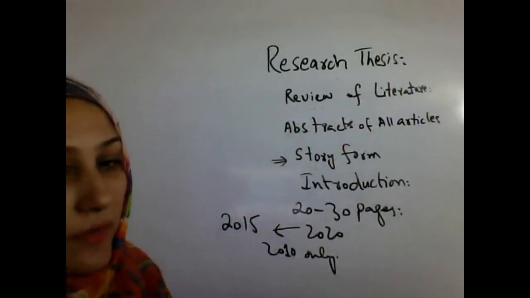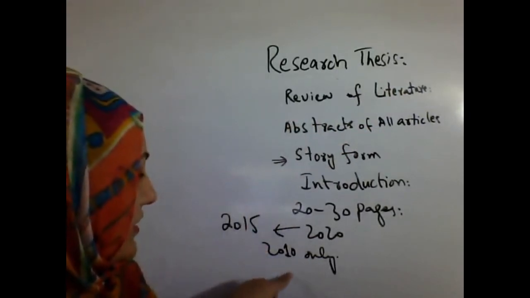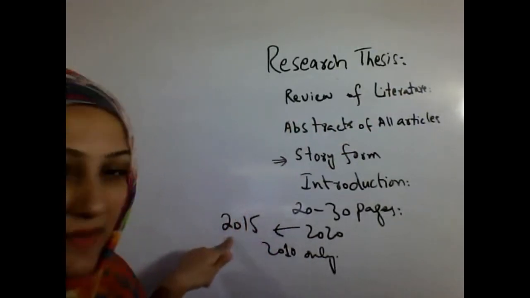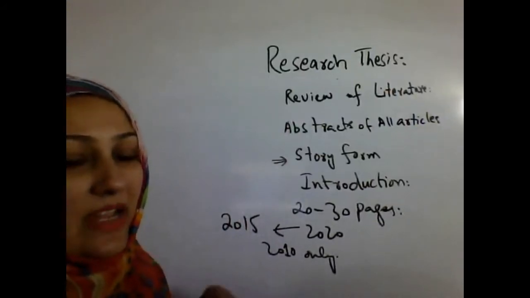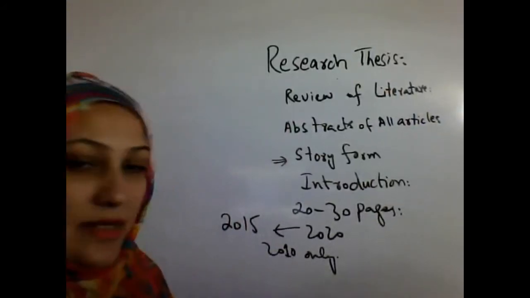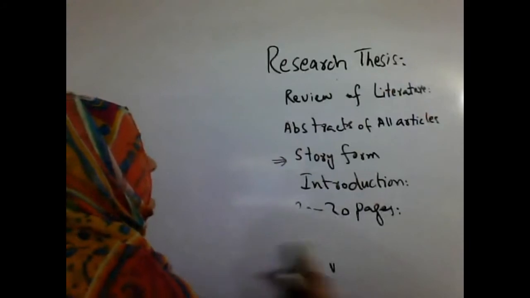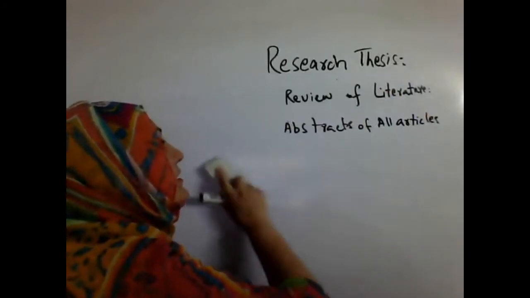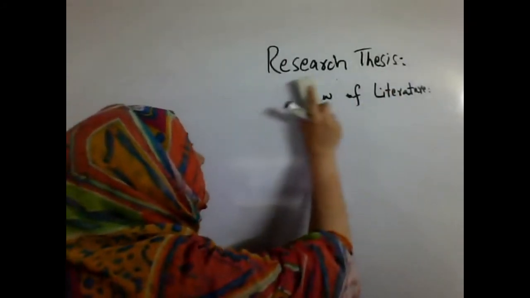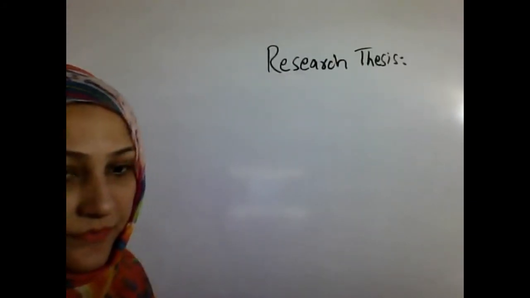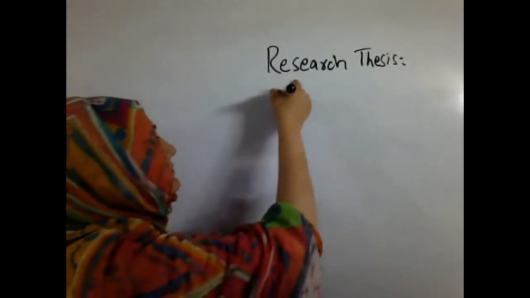You should cite the review of literature up to 5 years back or maximum up to 10 years back only. Then they are called the effective ones related to your research.